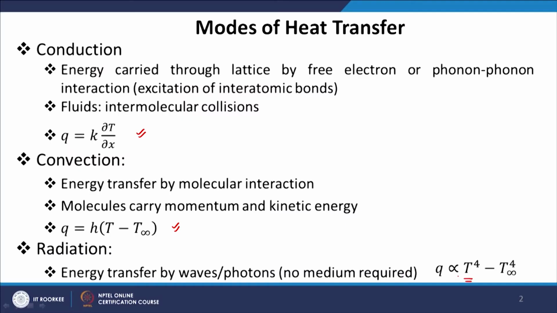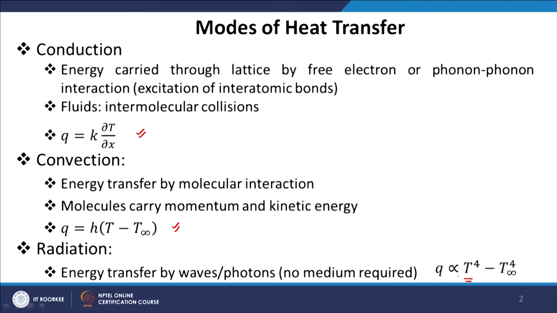Radiation can travel from one point to another. It does not require any medium. It can travel long distances without attenuation. The heat flux in radiation depends on the fourth power of temperature. So, that makes it very crucial in high temperature applications.